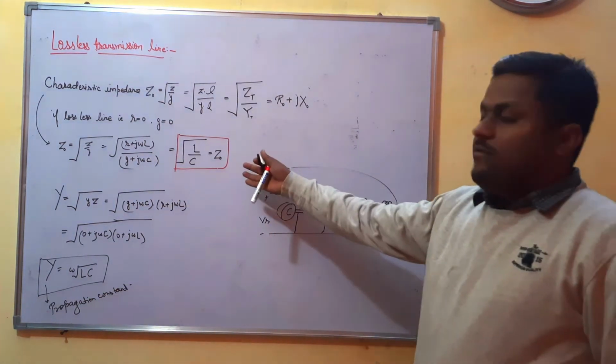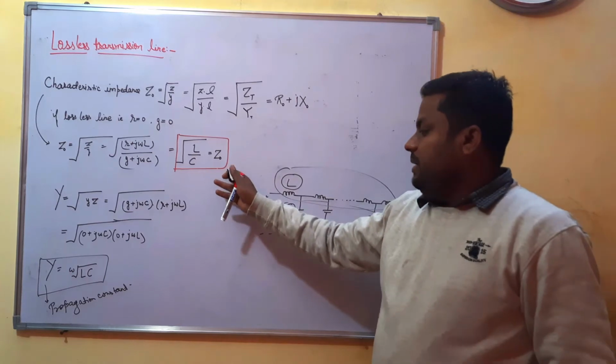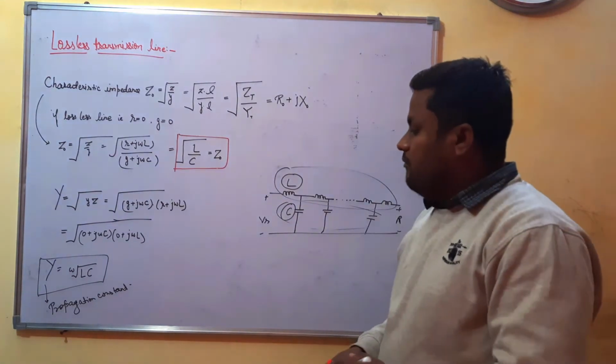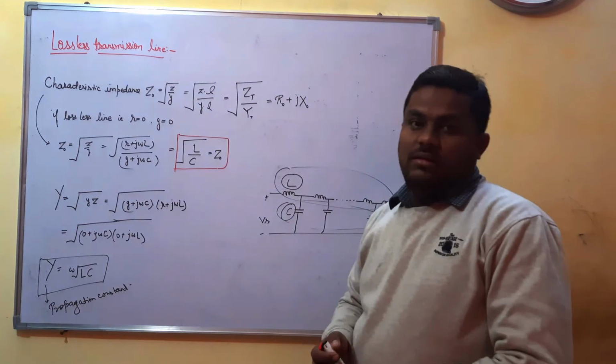So we have found the values of the characteristic impedance and propagation constant of a lossless line.